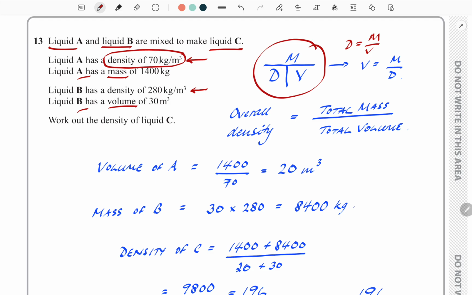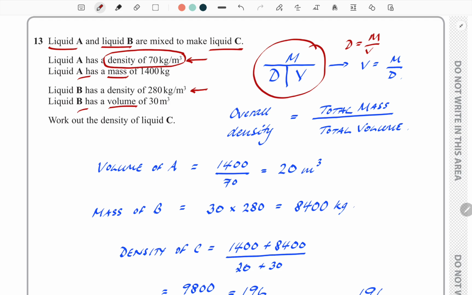That actually gives you a hint that it is mass over volume. So somewhere on the page, for your own help, write down D, M, V in that order, the triangles that you used to see in GCSE maybe. From that, we can deduce that volume must equal mass over density, so that we can use that form as well.